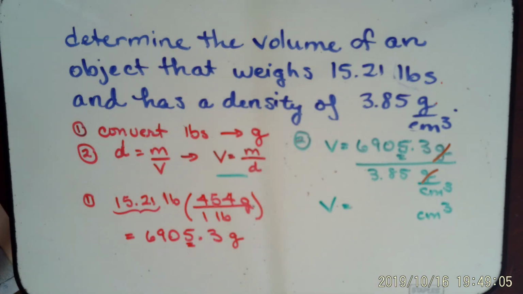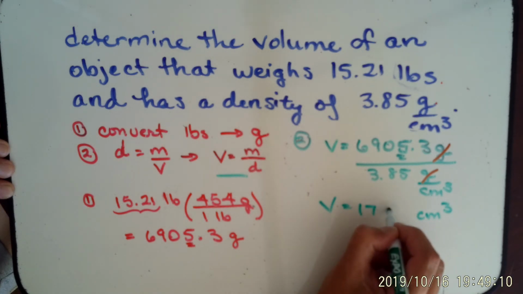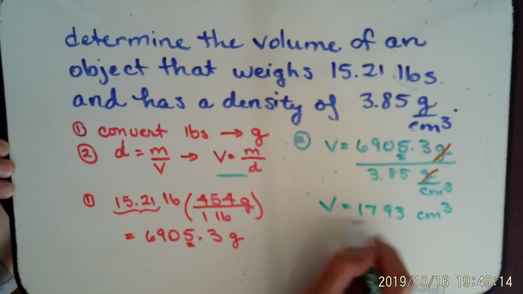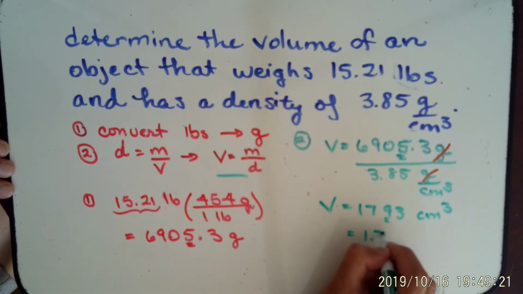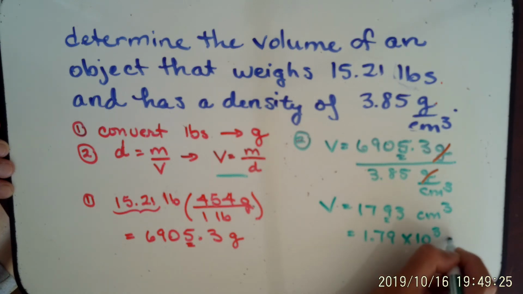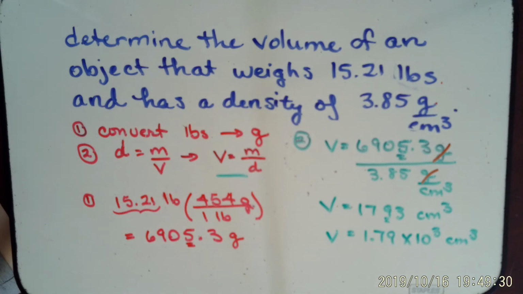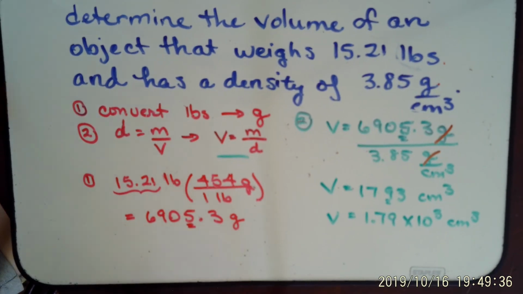Dividing by 3.85, I get 1,793.59. We're going to 3 significant figures, so 1.79 times 10 to the third cubic centimeters. Let's quickly go through how I got that scientific notation for my answer.